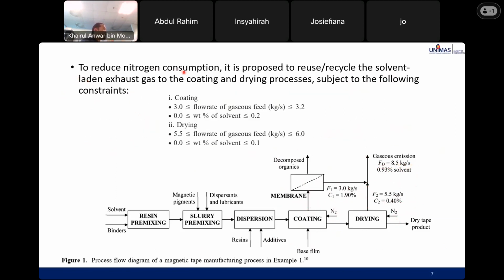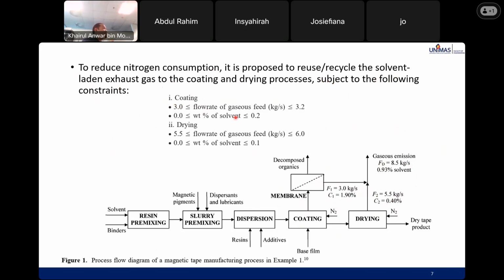To reduce nitrogen consumption, it is proposed to reuse or recycle the solvent-laden exhaust gas to the coating and drying processes, subject to the following constraints.